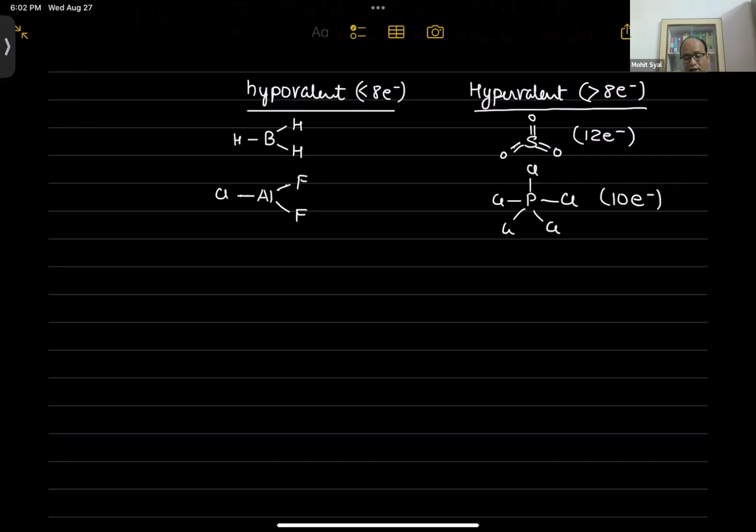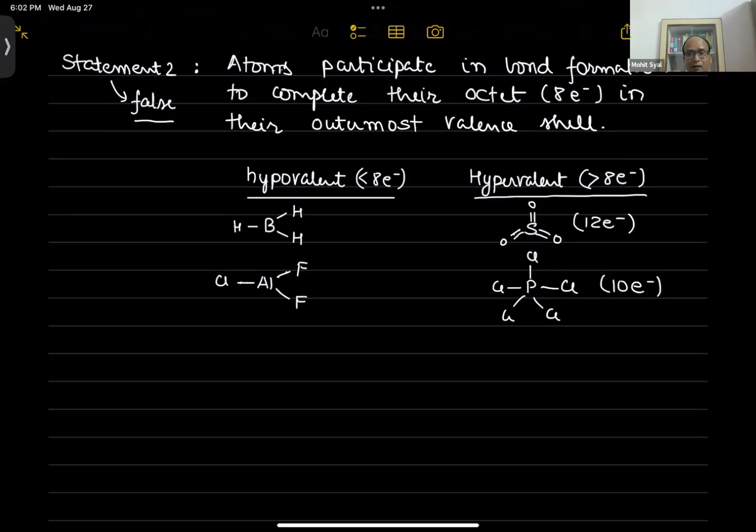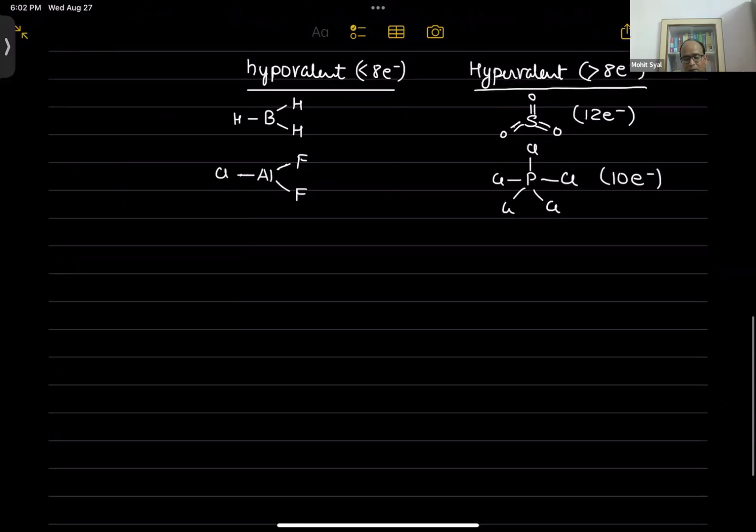So Lewis said that the valence electrons of the atom must be represented as dots. Is it clear? Like, suppose you want to show boron, the atomic number is 5. So 2 and 3. Only the valence electrons participate in bond formation. The inner shell has 2 electrons, it is complete, so I will not show that.